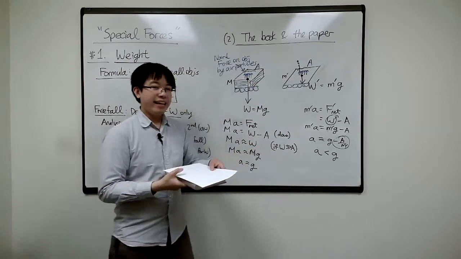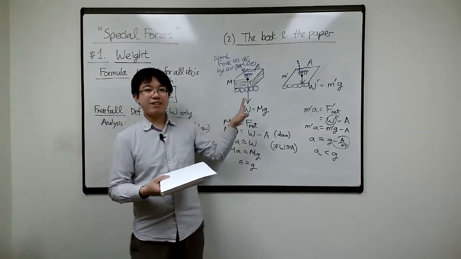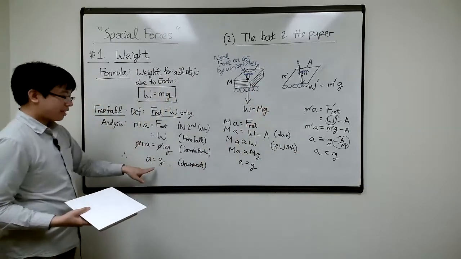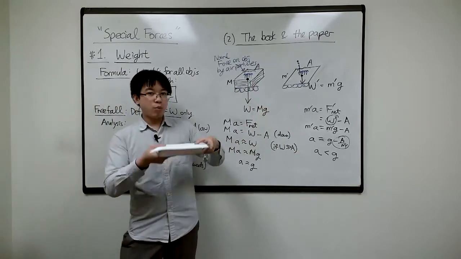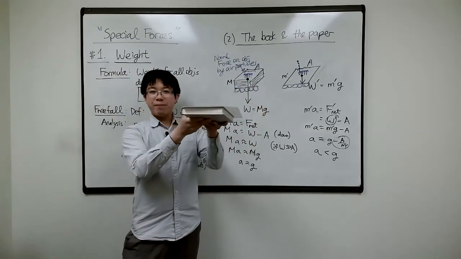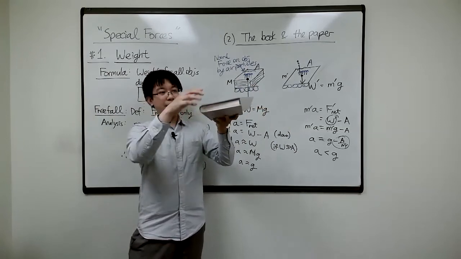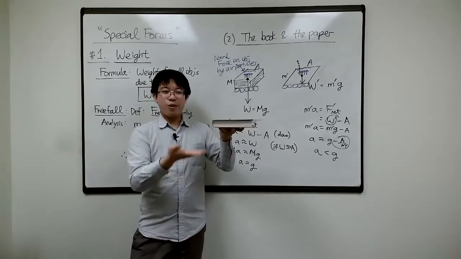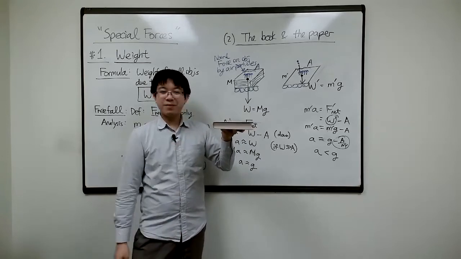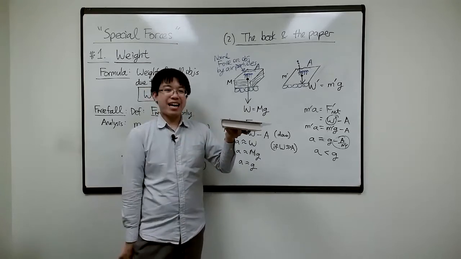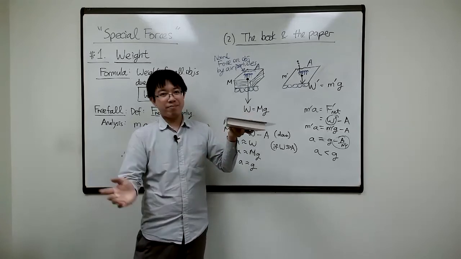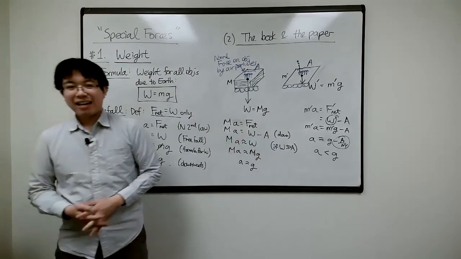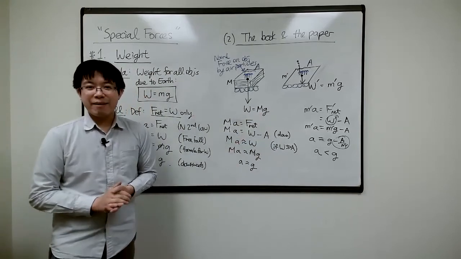However, if Newton is correct, right? If our theory is indeed correct that W equals mg and that all things fall at the same rate, this is a way to eliminate the air resistance, because now you have basically no more air resistance. If this is the same dimension, then there's no more air resistance pushing on the paper, right? Because your book blocked it out. And the air resistance towards the book is very negligible, as we have justified. All right, so I'll let you try that and let me know how it goes.